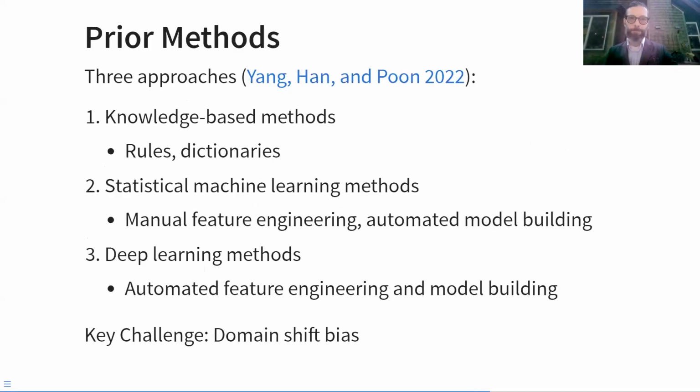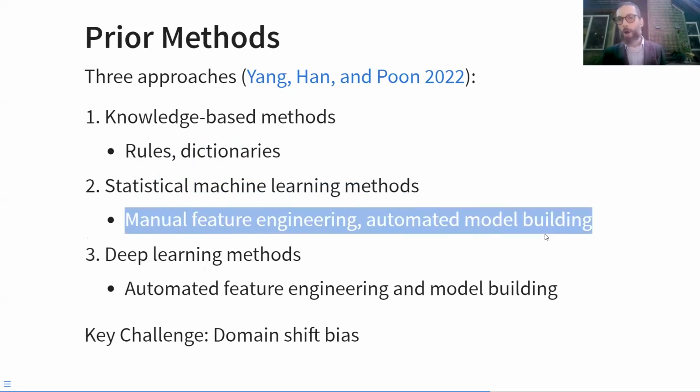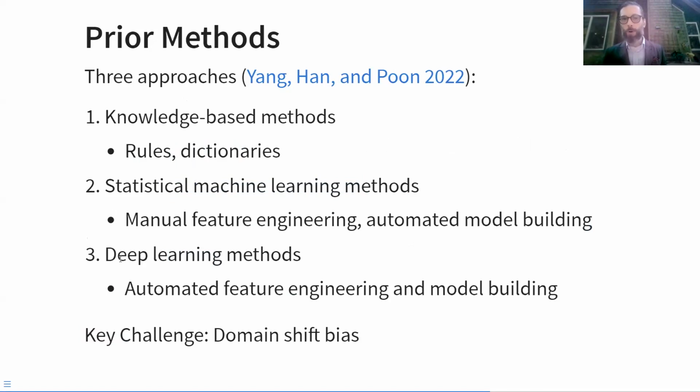So previous approaches to detect causal claims have either used rules. So for example, if people use the word cause, then this is a causal claim. Or they have used statistical machine learning methods, which require a lot of manual feature engineering and automated model building. Or they have used deep learning methods.